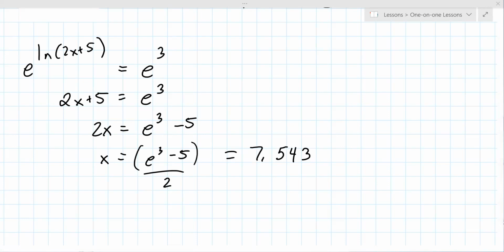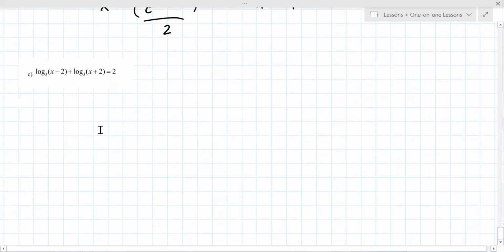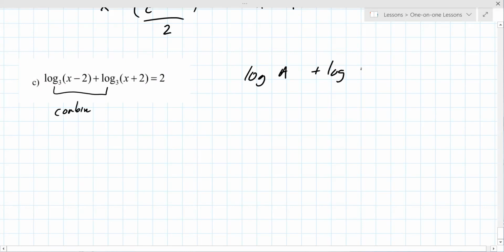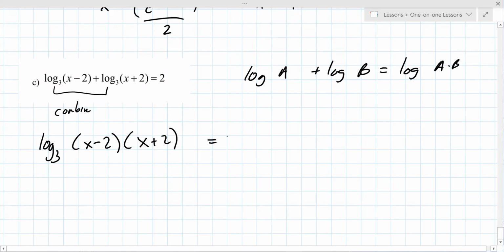Okay, part C, you have to know to compress or combine these logs first. So this is like log of A plus log of B. This becomes log of A times B. So this becomes log base 3 of x minus 2 times x plus 2 equals 2.